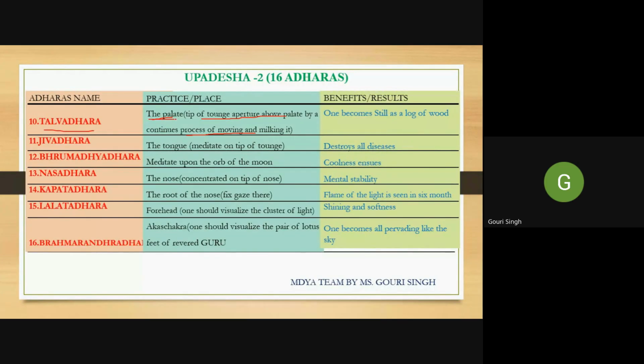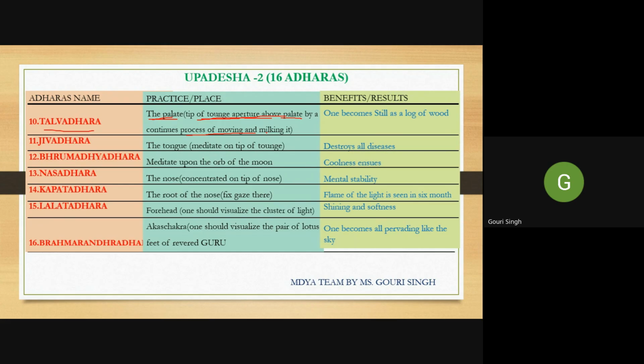The tip of the tongue, you have to aperture above the palate, means try to insert in that area by a continuous process. Always you try to continue that process so that the tongue will go deeper, and it will be milking it. Means some rasa will come out, that is called milking, Dohan.